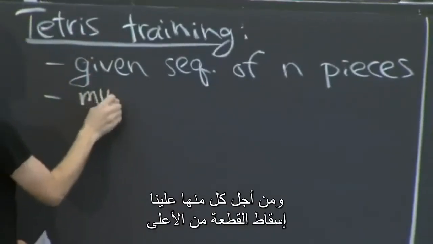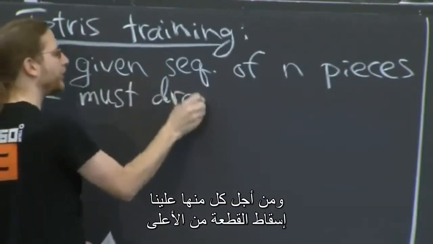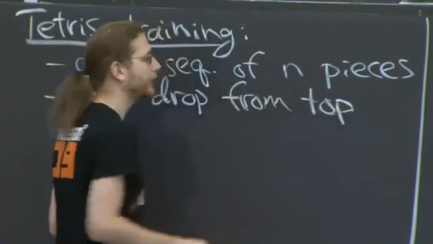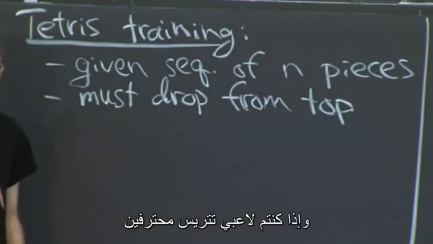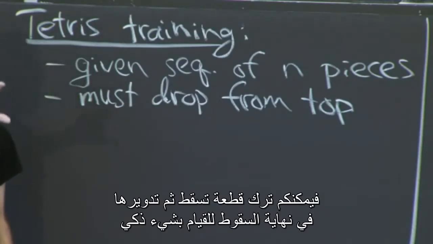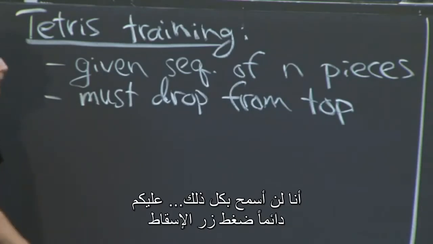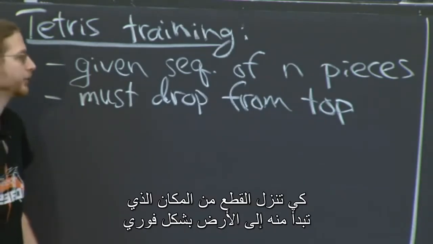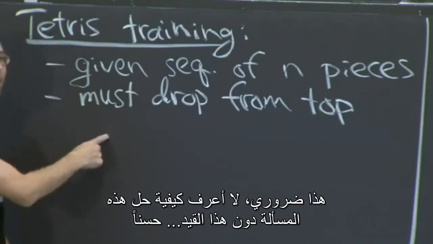For each of them, we must drop the piece from the top. If you're a fancy Tetris player, you can let a piece fall and then rotate it at the very end to do some clever thing. I disallow that. You always have to push the drop button. So the piece starts here, it goes instantly to the ground. This will be necessary. I don't know how to solve the problem without this constraint.